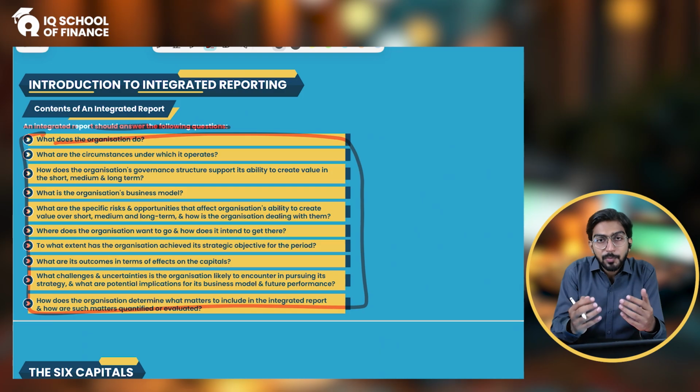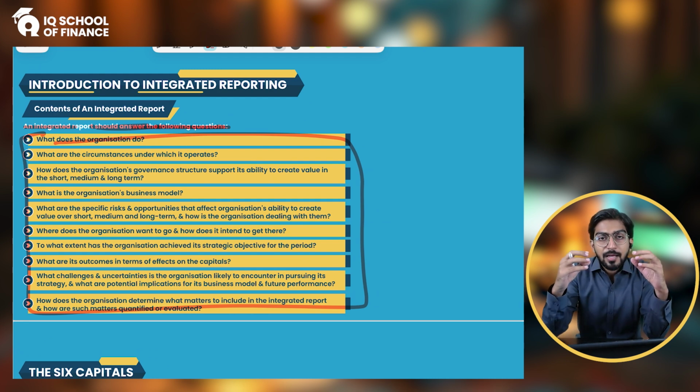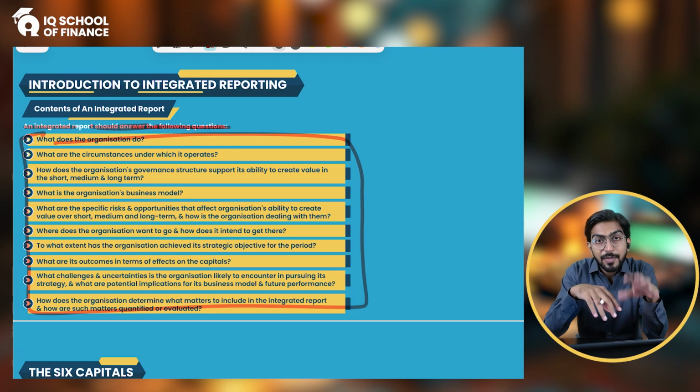If your integrated report is not able to answer a large number of questions out of this, then your integrated reporting is not good. All right. So don't worry about it, don't bother about them. Just read them one or two times, and just keep in mind that these are the questions which are addressed in the integrated reporting. All right, this is the information which you will get if you read any integrated report.